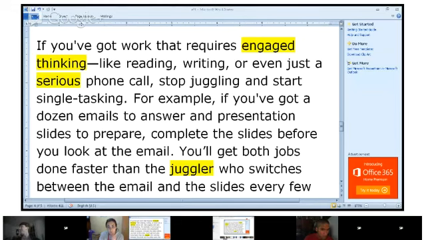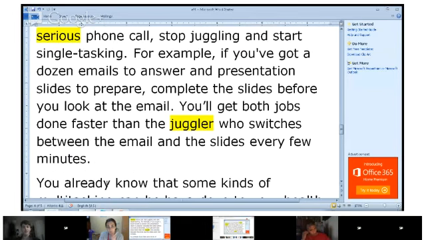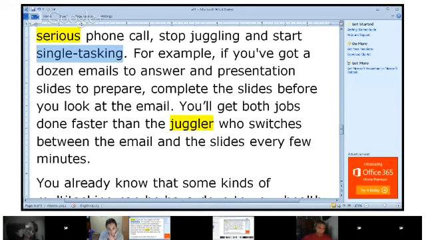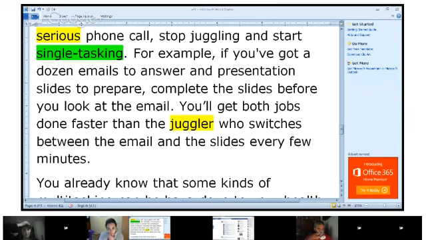Complete the slides before you look at the email. And depending on the situation, you could answer all of your email first and then complete the slides, but doing them separately, single tasking. That's her advice.